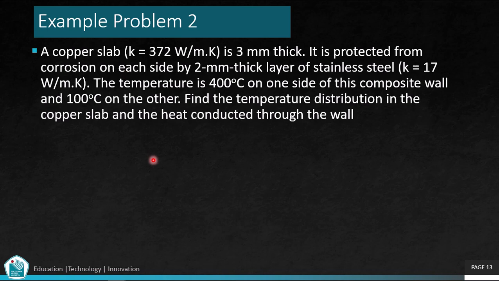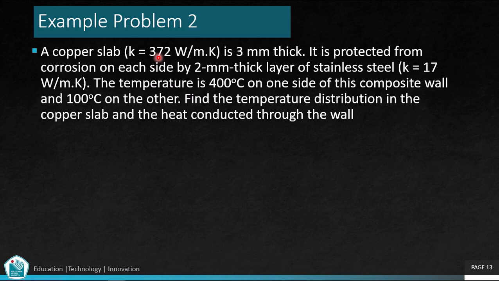Copper is one of the metals that have a good heat conductivity, or thermal conductivity, and it's cheaper than gold or silver or platinum. So the K value is high. Remember, for the lead, the thermal conductivity is only 35. However, for the copper, it's 372 watt per meter Kelvin.